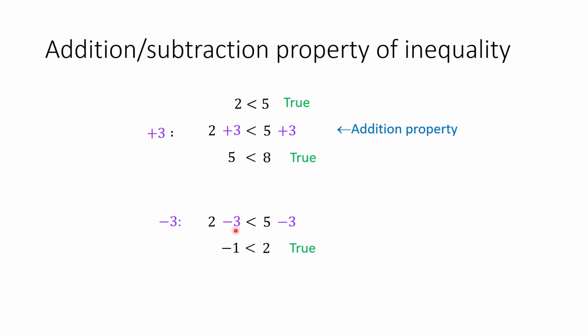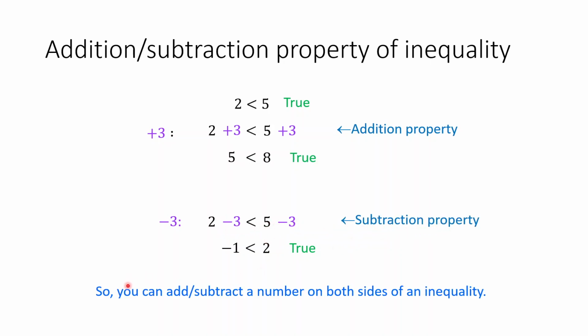So you can also subtract a number on both sides of an inequality. This is called the subtraction property. So you can add or subtract a number on both sides of an inequality. Remember that you need to add or subtract on both sides, not one side.